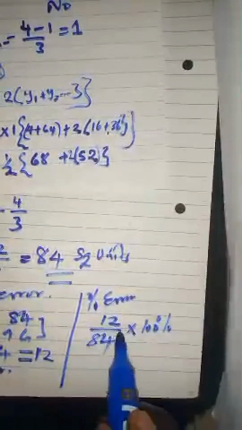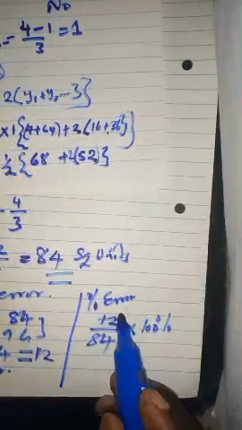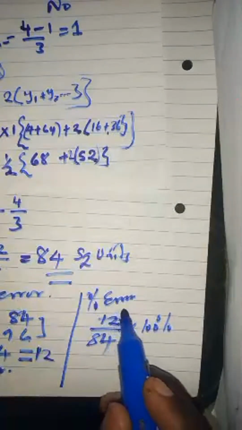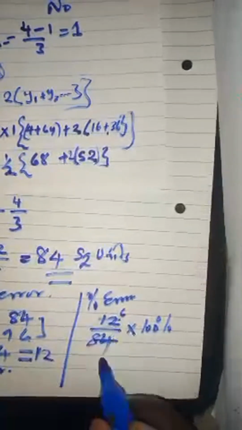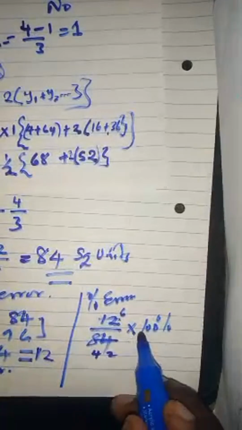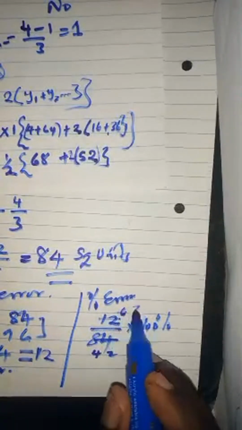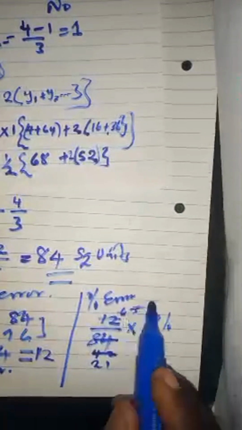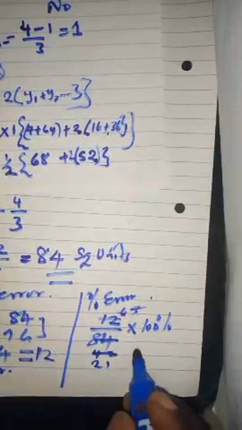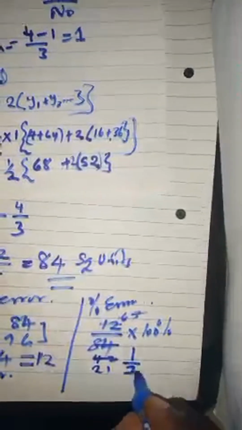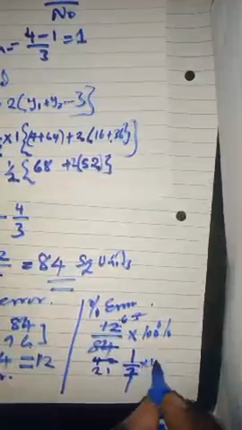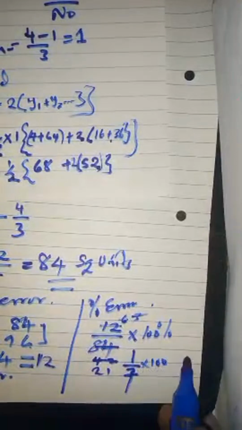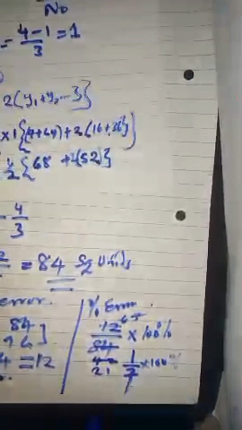So this gives me, 2 goes here, 6. 6, 2 goes there, 42. 2 goes there, 3, and 2 goes there, 21. And then 3 into 21 is 7. So that is 1/7 times 100%.